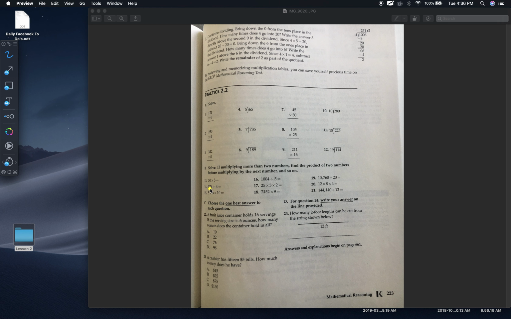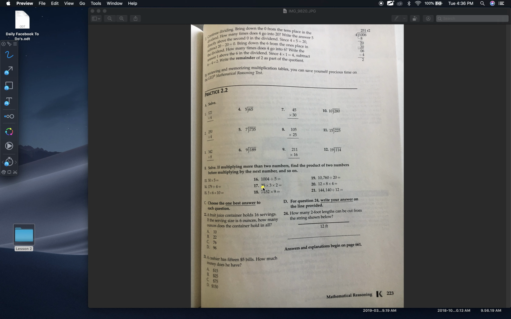Same here, 179, you would put the 4 right here, and then 179. Okay? Then work it out the same way. So now with these numbers, basically what it's referring to here, if multiplying more than two numbers, find the product of two numbers before multiplying by the next number.